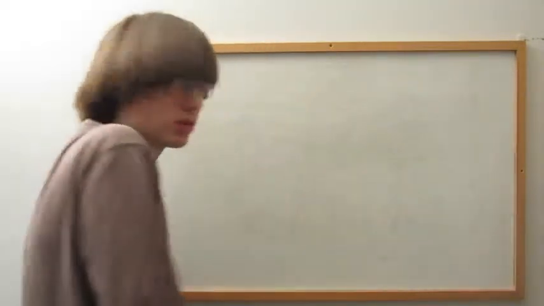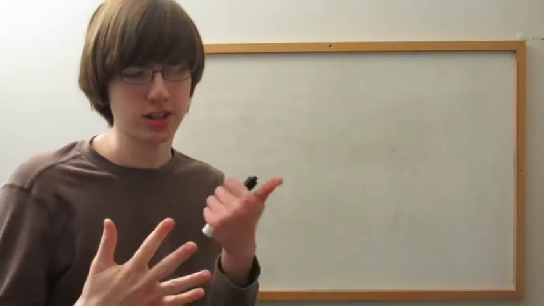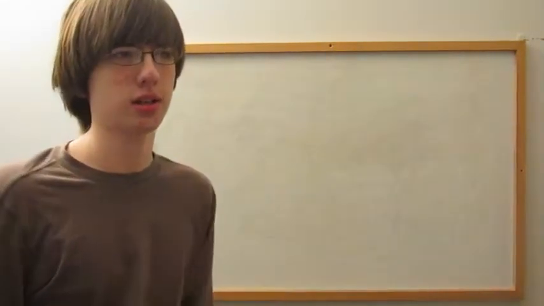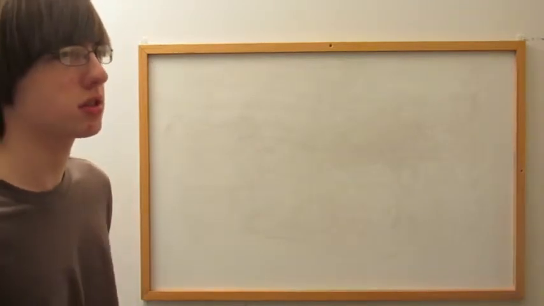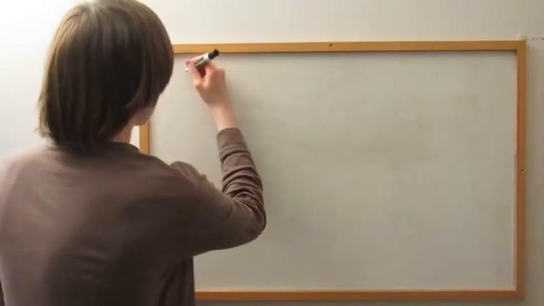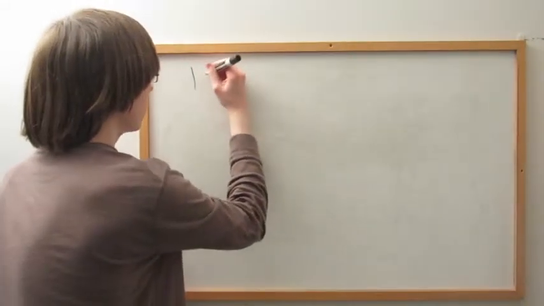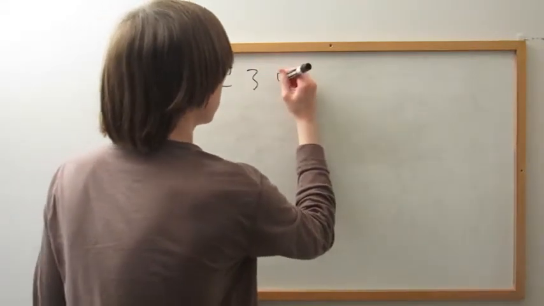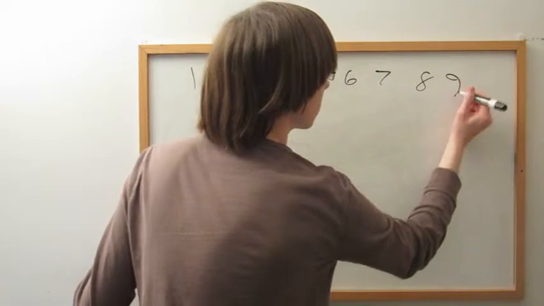So, you're probably used to counting on your fingers right now. 1, 2, 3, 4, 5, 6, 7, 8, 9, 10. But in mathematics, we don't really count on our fingers so much as represent it using symbols. So we can represent what we've counted on our fingers with 1, 2, 3, 4, 5, 6, 7, 8, and 9.